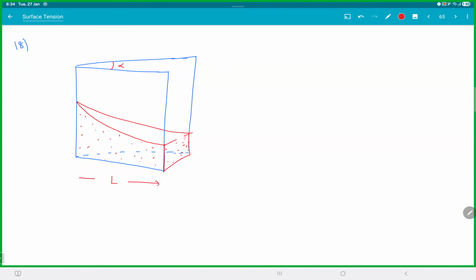Let this length be L. And this is your surface. S is the surface tension. Theta is the contact angle.